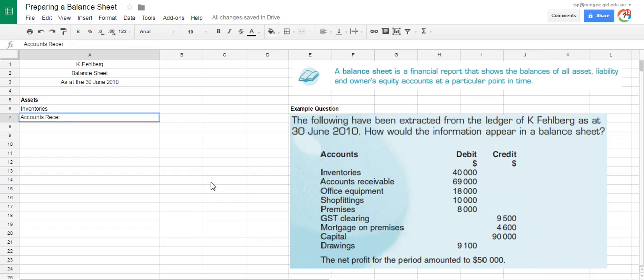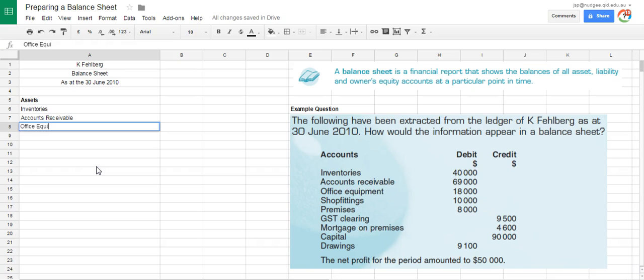Now on the balance sheet we don't separate all of our accounts receivables into their individual debtors. What we do instead is just smush them all together into one accounts receivable. In the balance sheet, remember the balance sheet is prepared for laymen, not accountants. They don't care who owes us money as long as we know that in total that's how much we're owed.